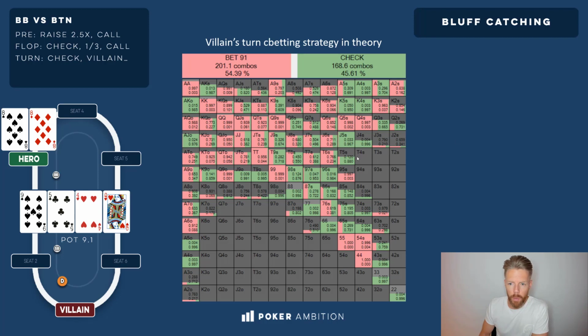The hands that I want to quickly focus on, if you look at turn c-betting, is a hand like 10-8, for example, 7-8, 6-7, ace-deuce, ace-3s, which are all the draws. This board does contain quite a lot of draws. That's also the reason why I chose this board as an example, because we can see here that the solver is quite balanced, you could say, with his draws. He doesn't bet them at as high a frequency as you would maybe do yourself.